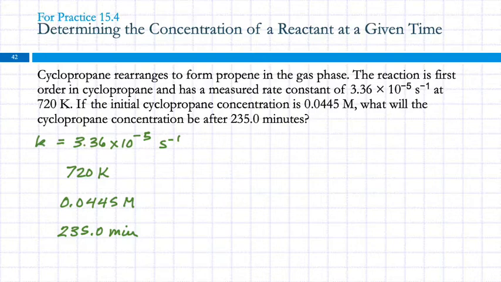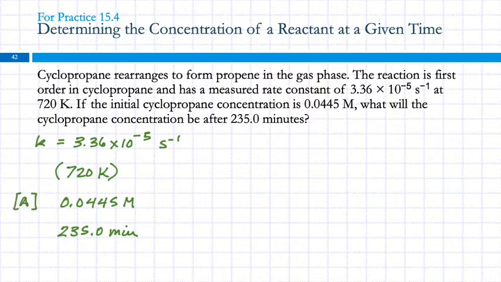Now the 720 Kelvin, have we done anything with temperature? We have not. So that's just an extra piece of information. So we'll just put that in parentheses. You don't always have to use all the numbers. And then 0.0445 molar, well, that's a concentration.